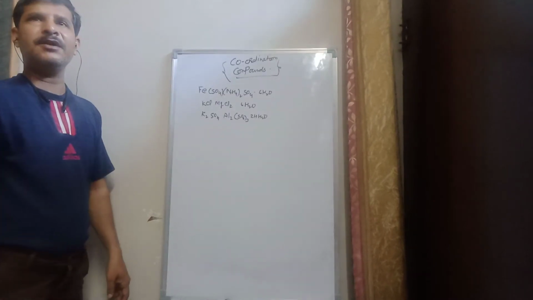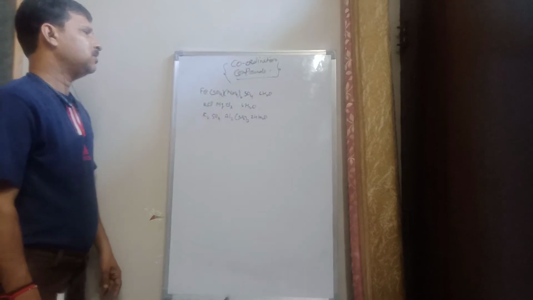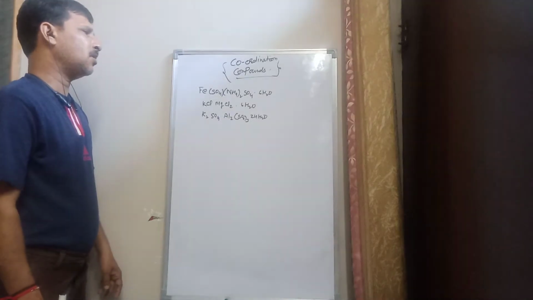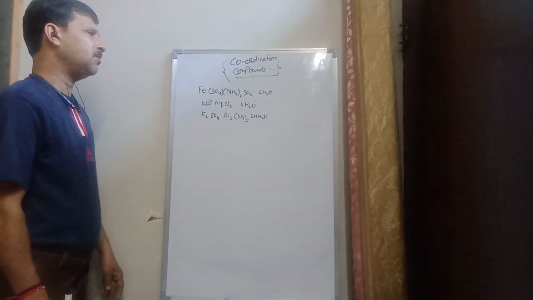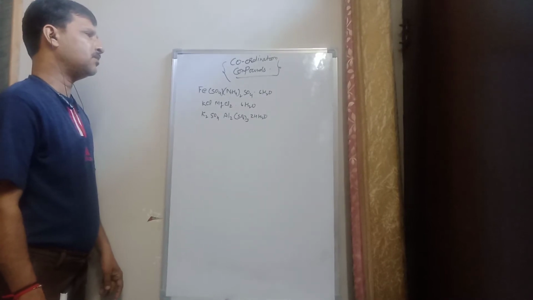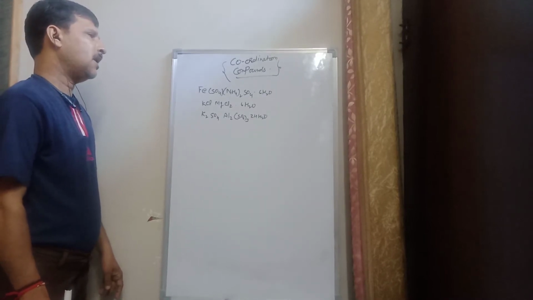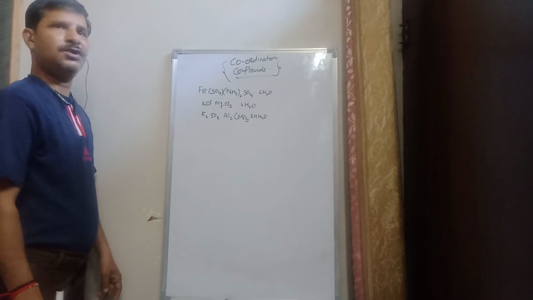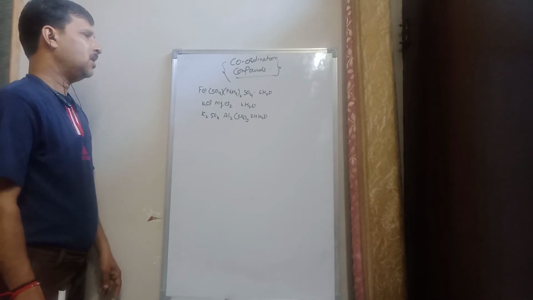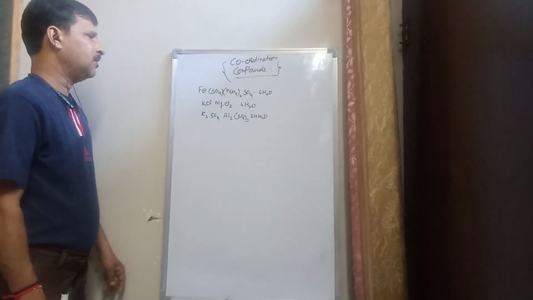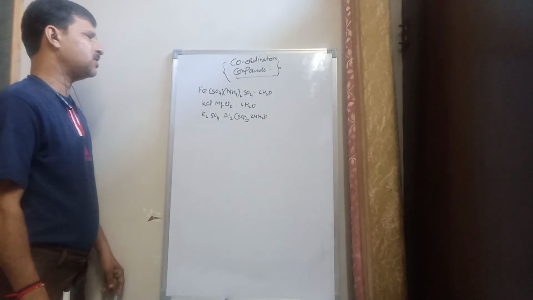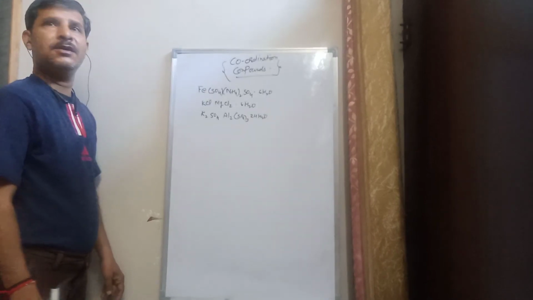The important property of these addition compounds is that in the solid state they do not give the characteristics of their individual ions, but in aqueous solution they exhibit the characteristics of their positive and negative ions. Double salts have properties like simple salts.